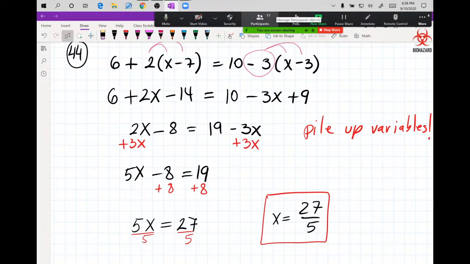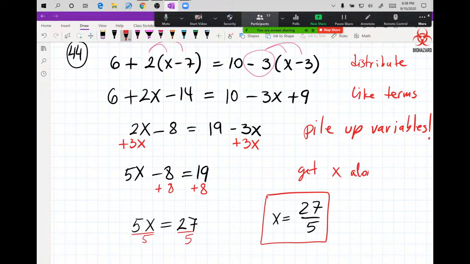Distribute, then distribute, like terms, pile up variables, and then get x alone.